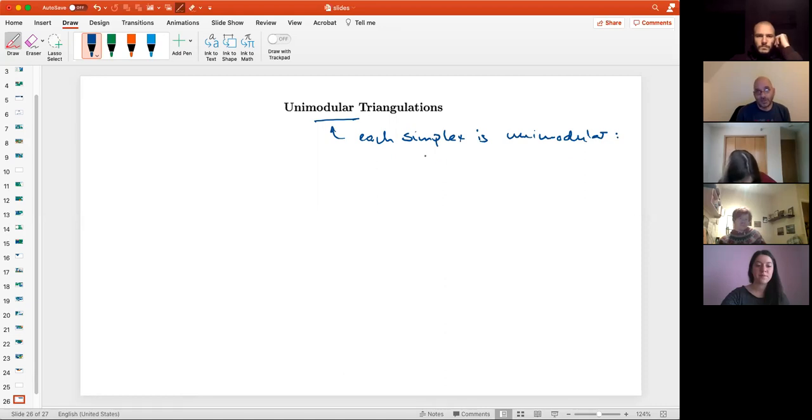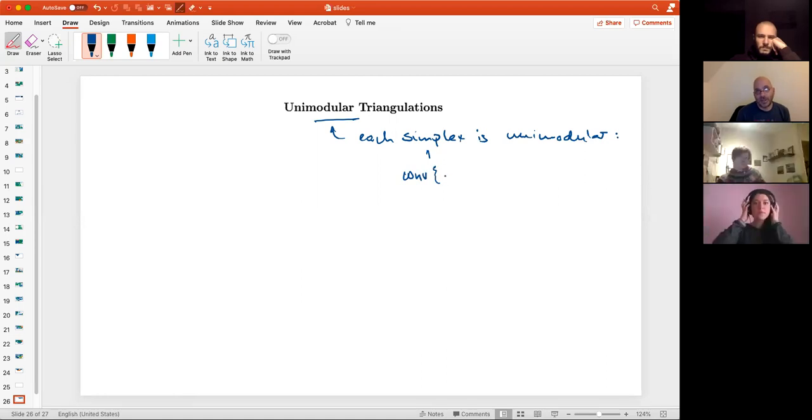If your simplex, in d dimensions, let's say, is a convex hull of v_0 through v_d, then you stand at any of the vertices, let's say v_0, and you look at the differences to the other vertices.